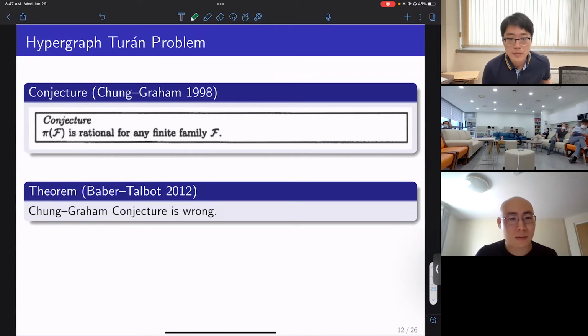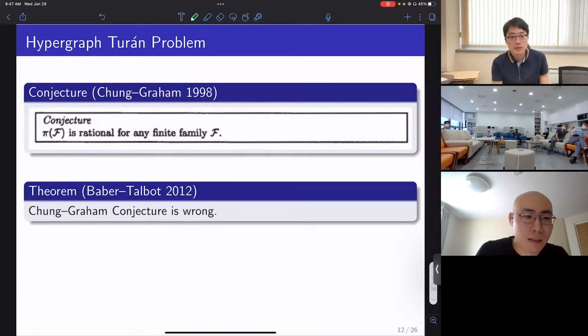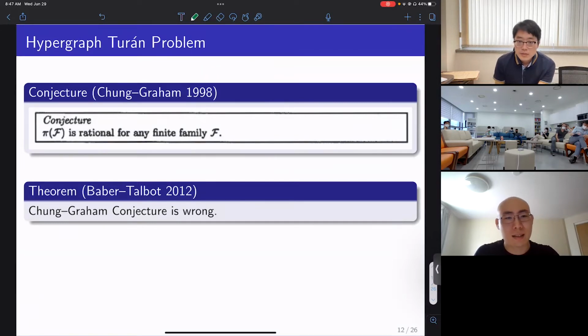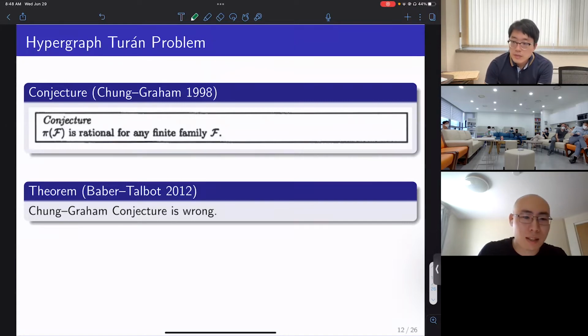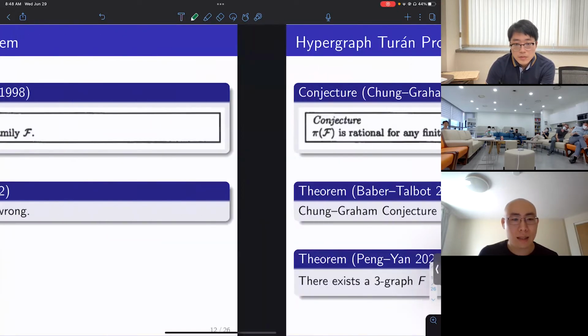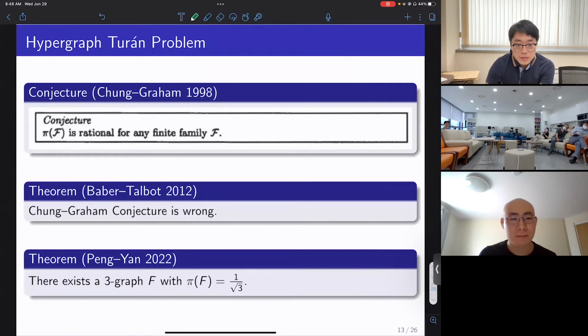And it was disproved like 10 years ago by Baber and Talbot using flag algebra and a computer. They found a finite family of 3-graphs, and they used a computer to calculate the Turán density, and it's irrational. And until very recently, people found a single 3-graph whose Turán density is an irrational number.